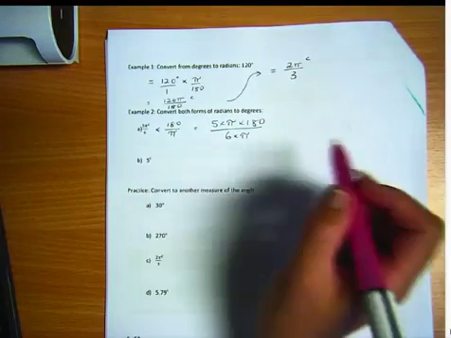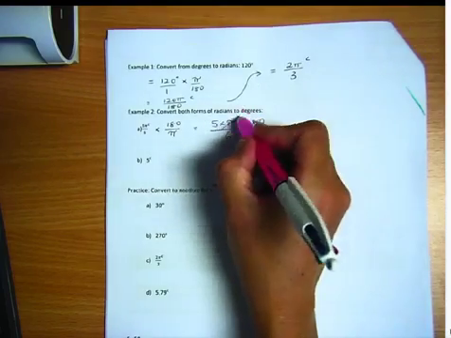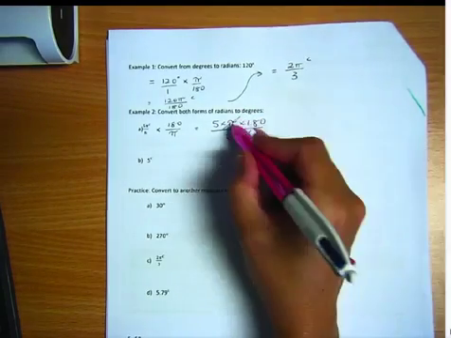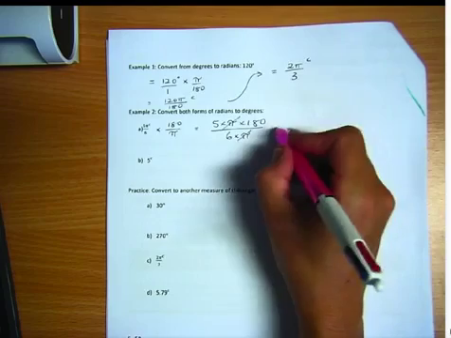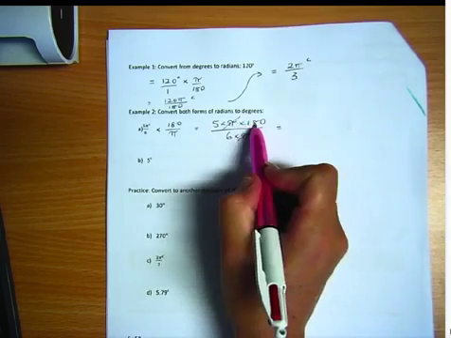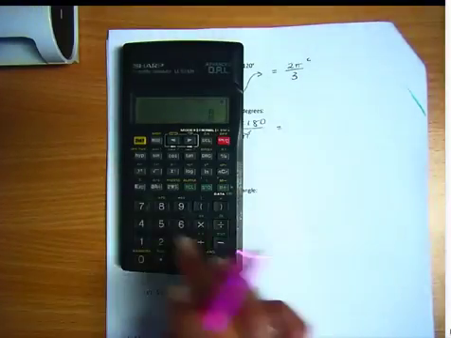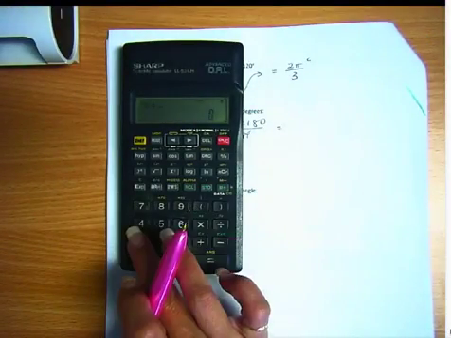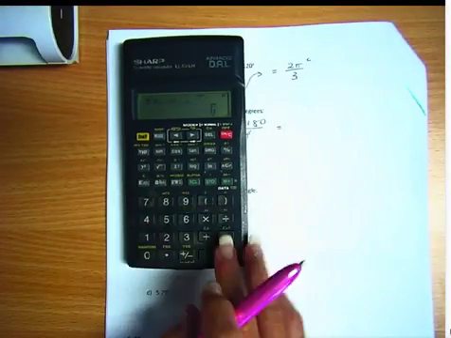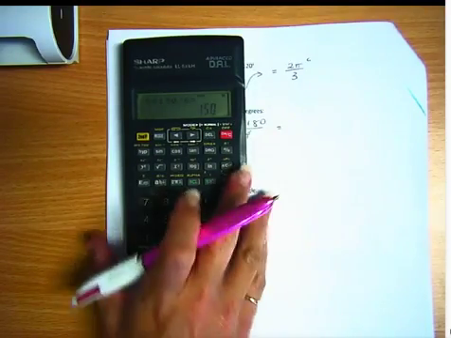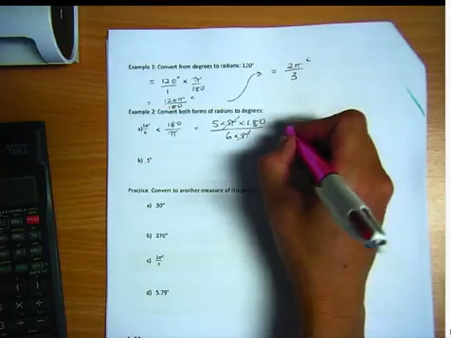Now remember, if you've got a factor on the top and bottom, they can actually reduce to 1. Okay, and then you end up with 5 lots of 180 divided by 6, which you can simplify on your calculator, which gives me 150 degrees.